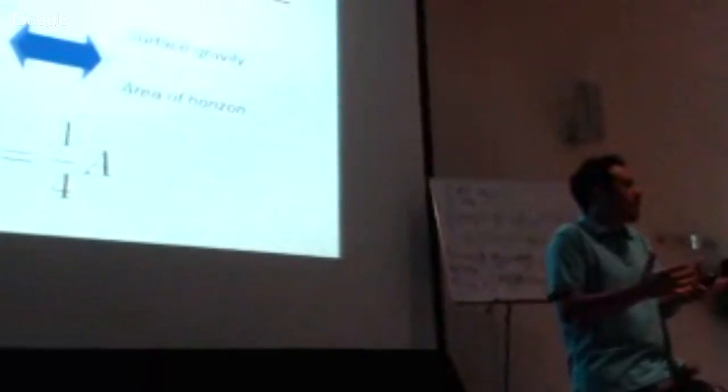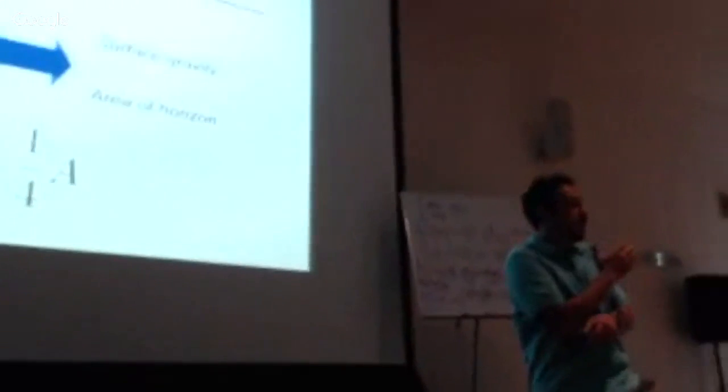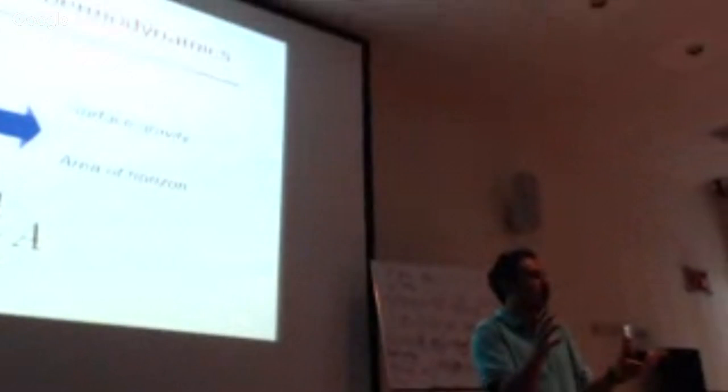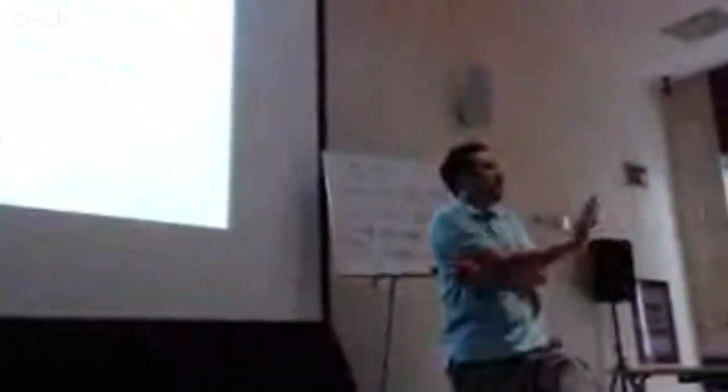So it has information. The first problem is, imagine you got matter falling into a black hole. That matter has information. When it goes into the black hole, it gets translated into only mass, angular momentum, and charge. So there we're kind of losing information.